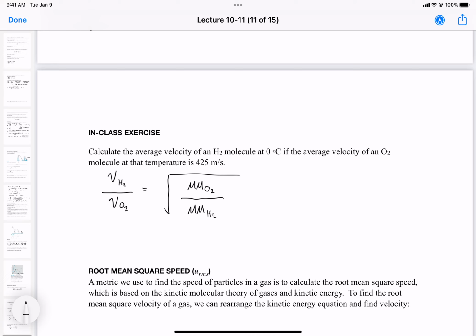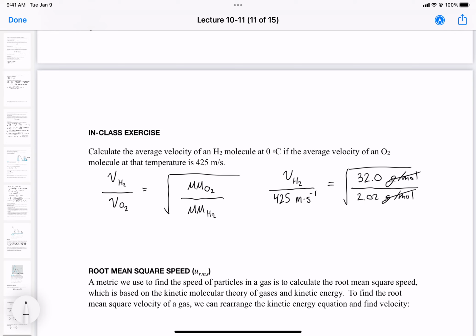Okay, so if we work this equation out, we have H2 here, and we know that the velocity of oxygen is 425 meters per second here, and we can set it to the inverse of their molar masses. Oxygen is going to be 32.0 grams per mole. Then hydrogen is going to be about 2.02 grams per mole.